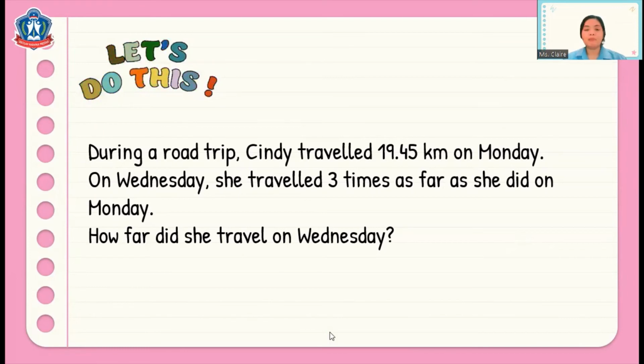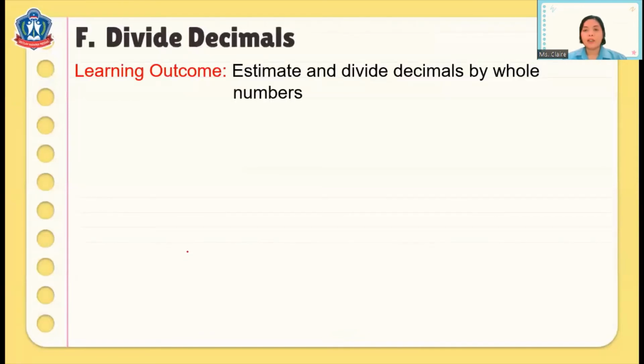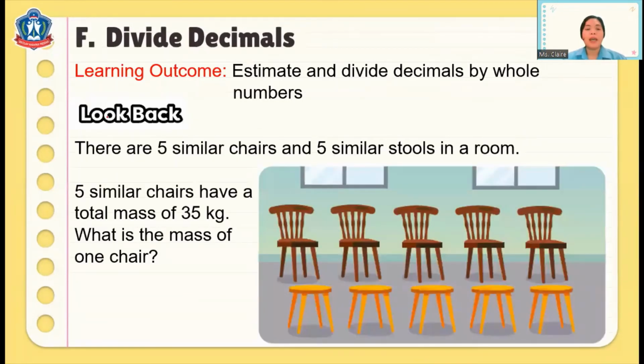Okay, P6. Let's move on to dividing decimals. To divide decimals, all you need to do is divide just like with whole numbers, but be careful with the decimal places and decimal points. There are 5 similar chairs and 5 similar stools in a room.